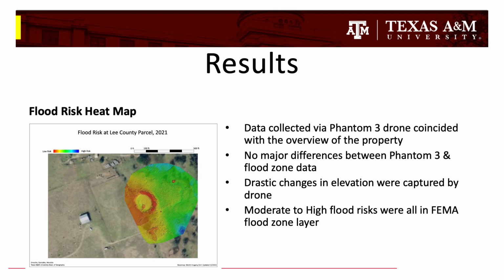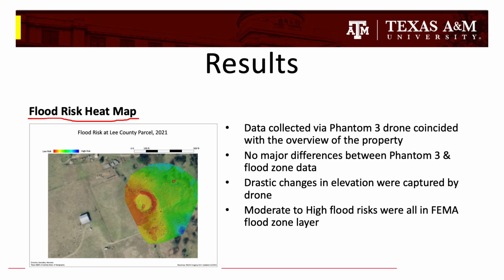Results. This is a flood risk heat map. This was basically our entire result. This showed that the FEMA flood map was pretty spot on even to this day. Everything that's moderate to high flood risk is in the flood map zone.